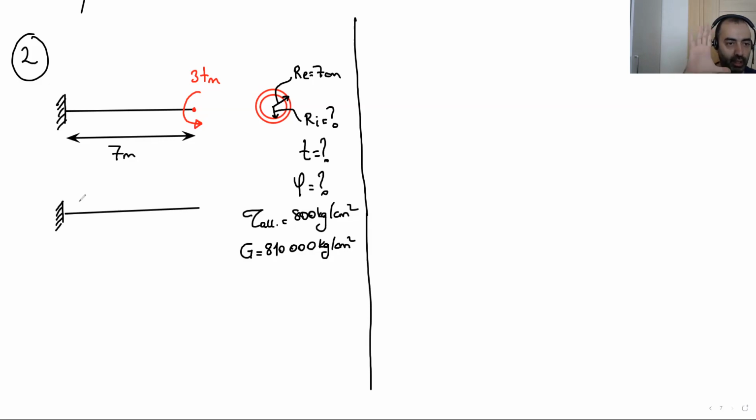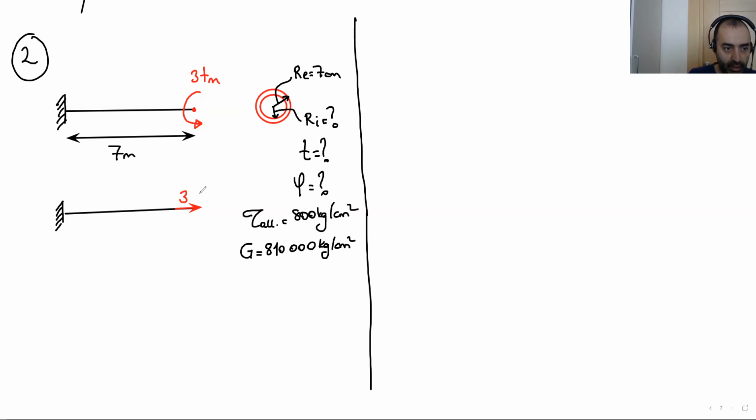As you can see, the 4 fingers show the direction of the rotation moment, and our thumb shows the vector direction. It goes like this. The moment goes like this.